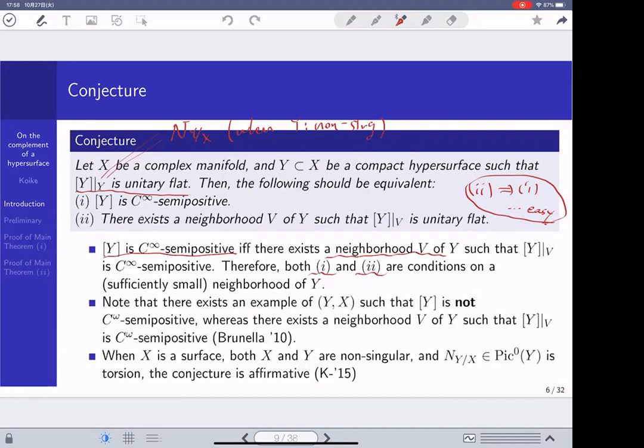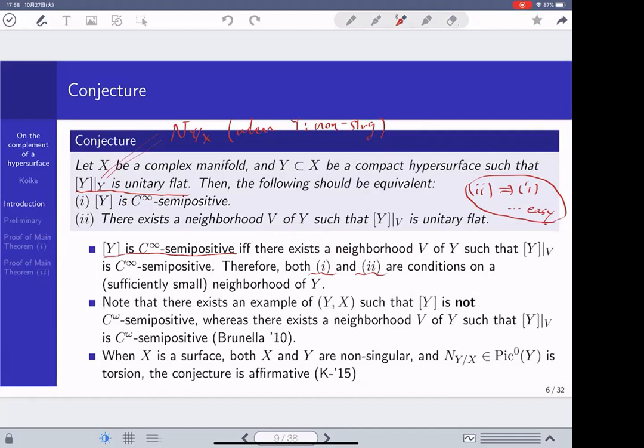This kind of example can be constructed by considering the blowing up of P2, I mean the projective plane, at 9 points. What I wanted to say here is that if we replace C infinity with C omega, then it is not local. It is a kind of global condition, not a condition on a sufficiently small neighborhood. That is why I wrote C infinity here.